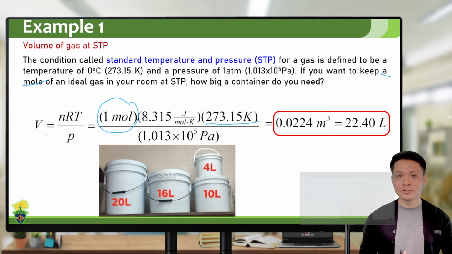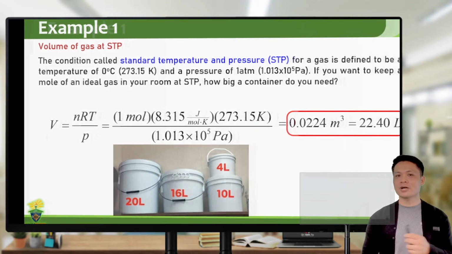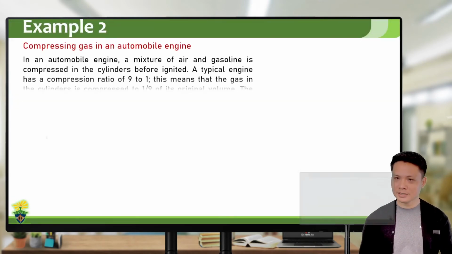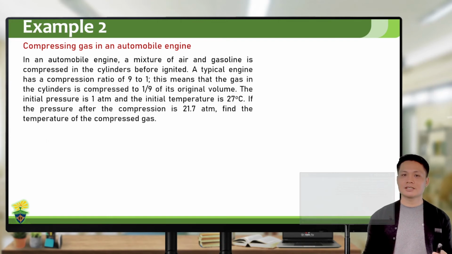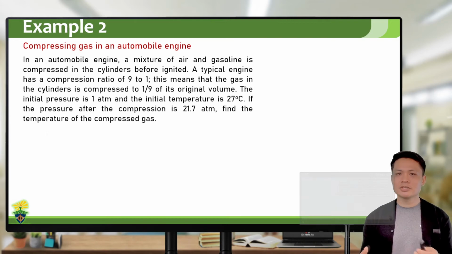For our second example, we have to compress a gas mixture inside the engine of a car. This is a gasoline engine. In an automobile engine, a mixture of air and gasoline is compressed inside the cylinder of the engine, and it is then ignited by a component called a spark plug.